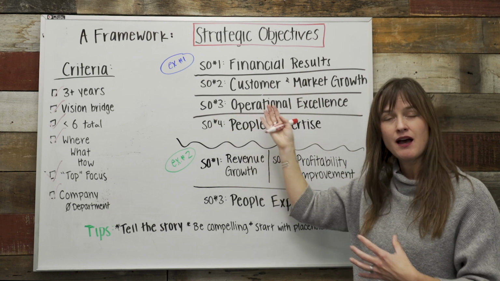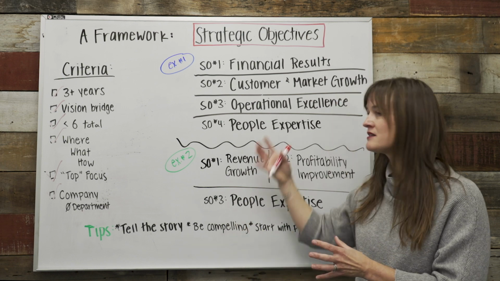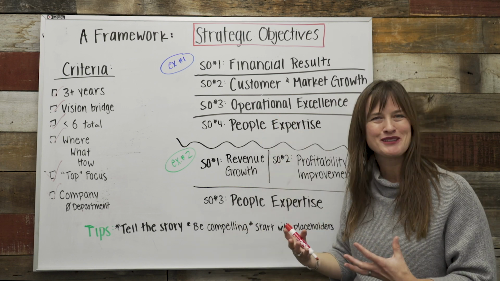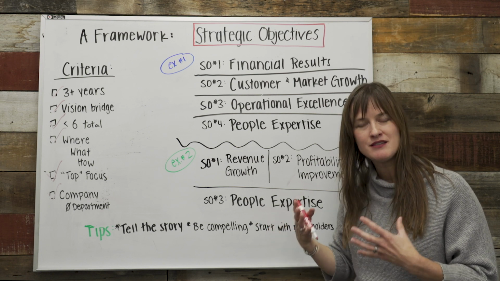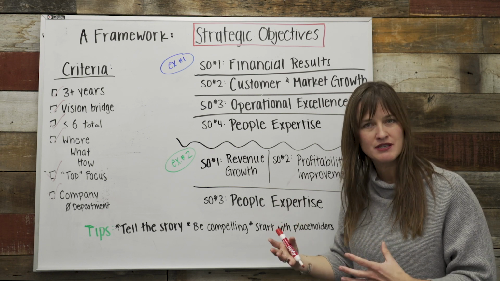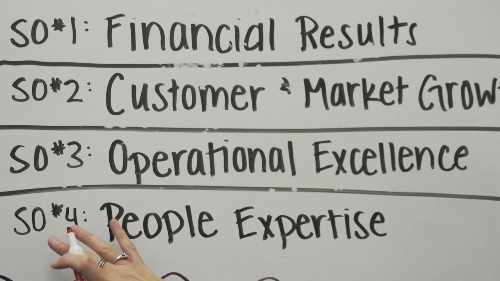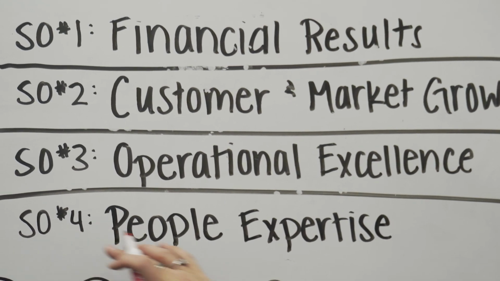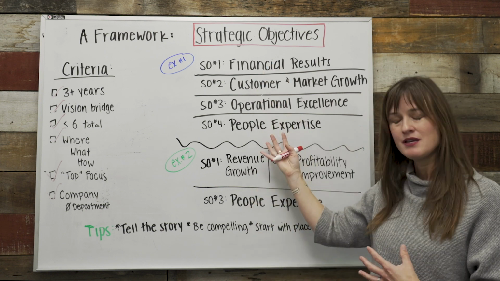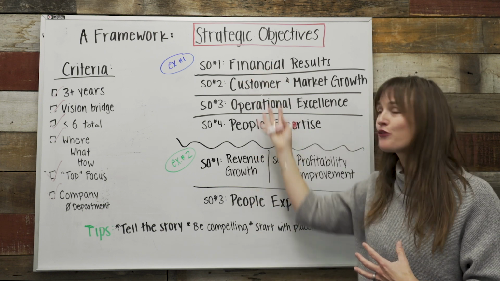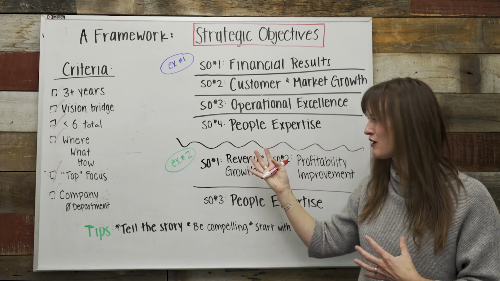The next would be your operational excellence. So looking at the internal perspective, that might sound something like transform our operations to be fully digital and deliver digital services. The fourth might be people expertise. An example of that might be become the team of the future. So this is a traditional framework, if you will, again, borrowing the balanced scorecard structure.